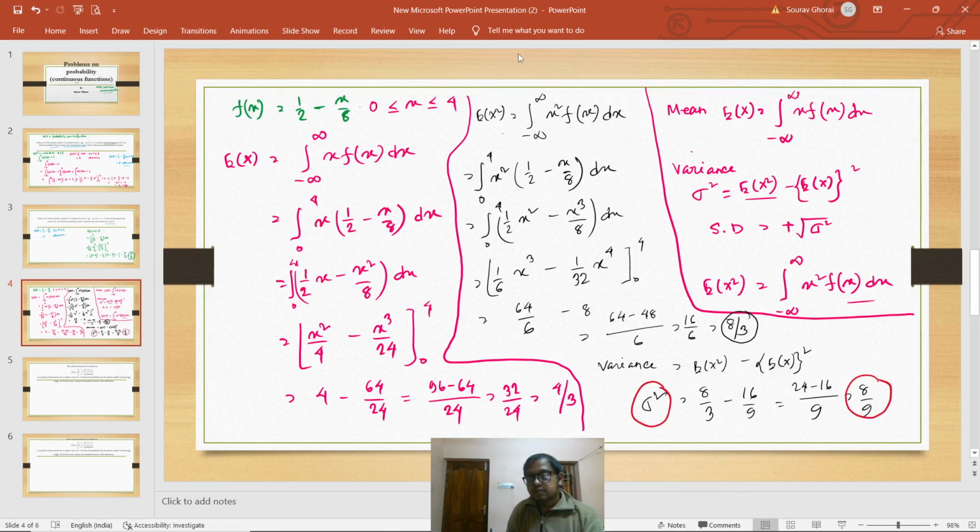And the standard deviation, the positive square root of variance, will be root over 8 by 9, that is 2 root 2 by 3.